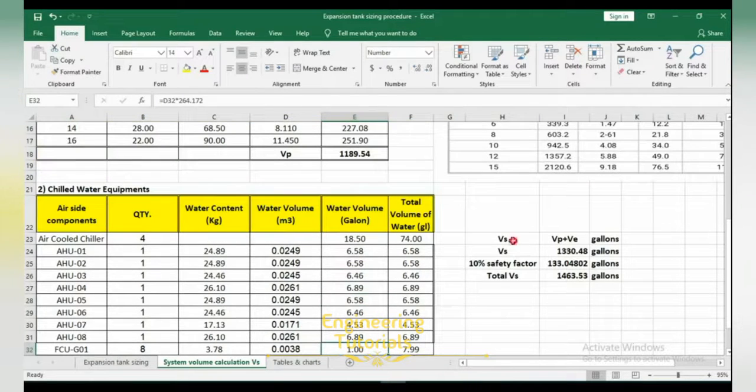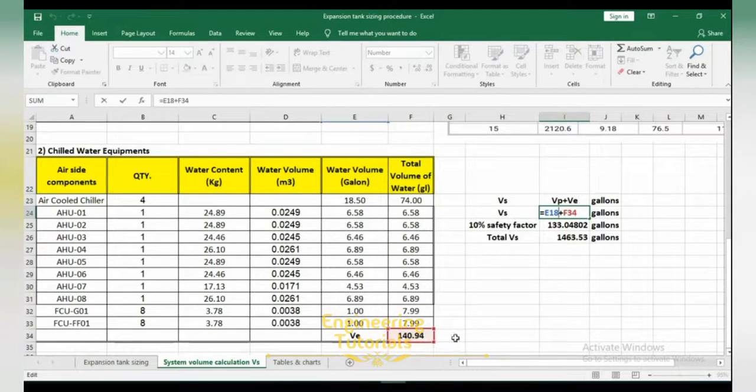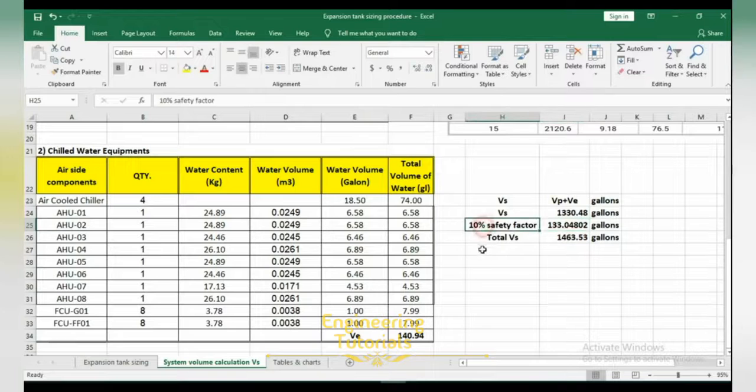So the total volume of the system is equal to pipe volume plus equipment volume. Pipe volume is 1189 and equipment volume is 140.94, so this comes out to be 1330 gallons.